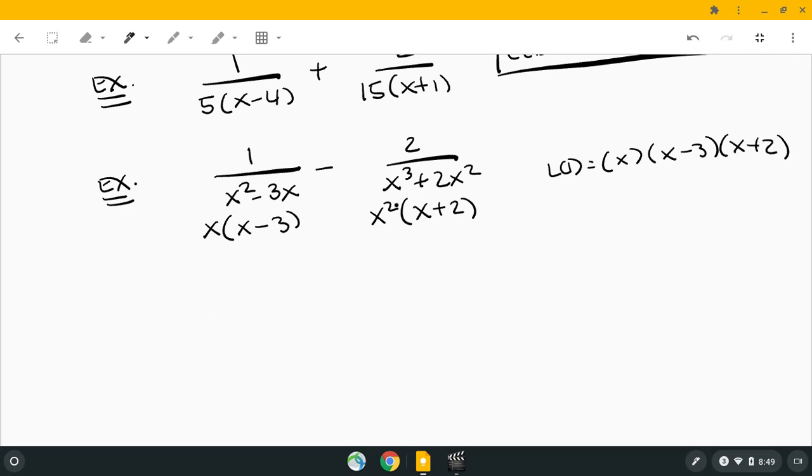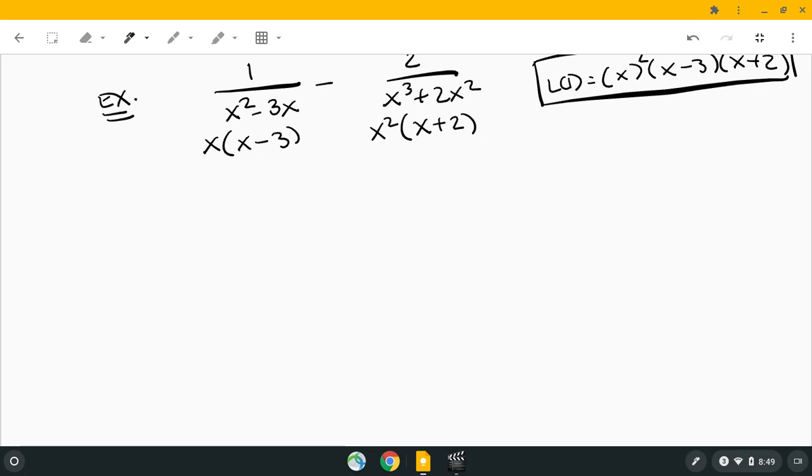As far as exponents go, I see x squared. No other exponents, so this is my final answer. Let's do one more.